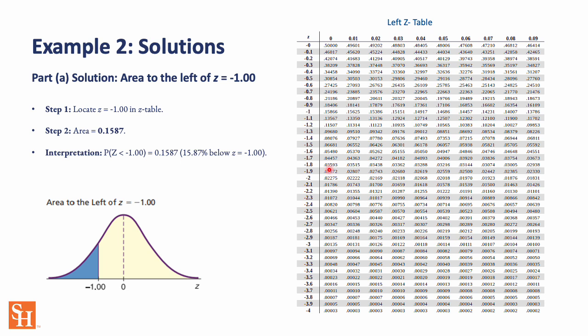Now we can use the Z table to find this value, and there are different types of Z tables. Some of the Z tables give us the area to the left side of the Z value, or some give us the area to the right side of the Z value. Here we are using a left Z table, so that will give us the area to the left side of the Z value, right?